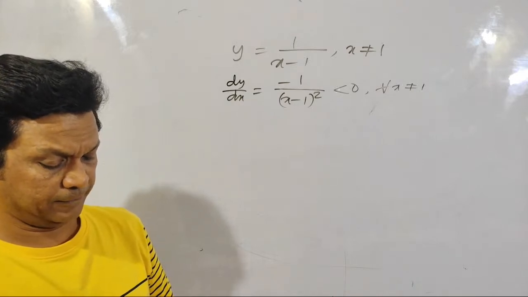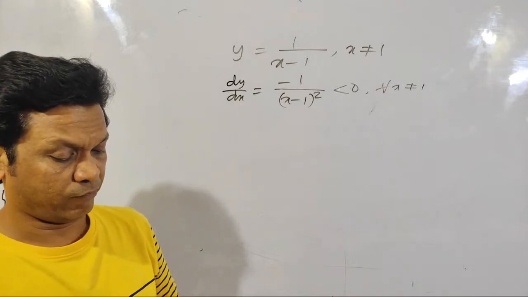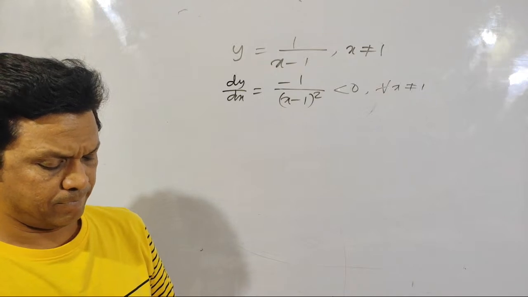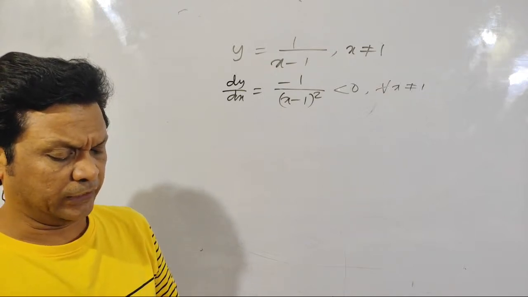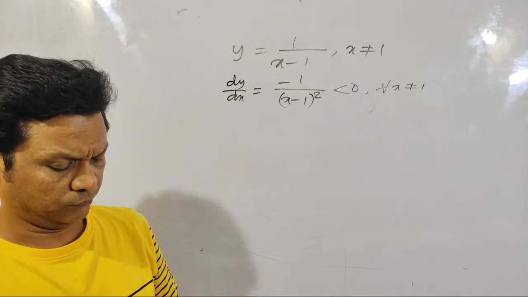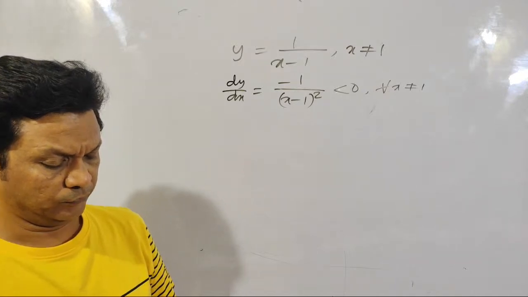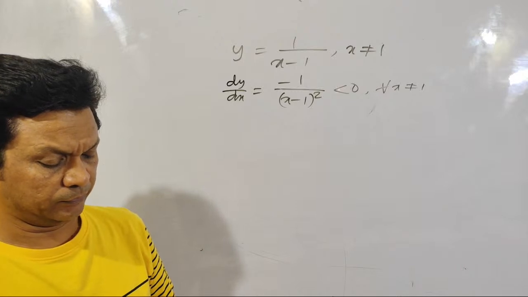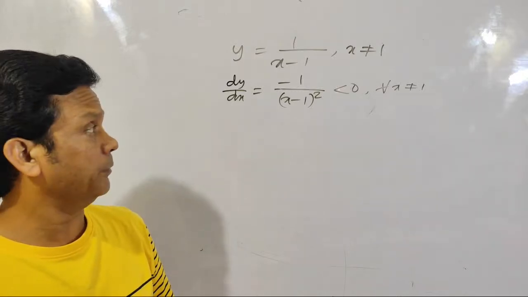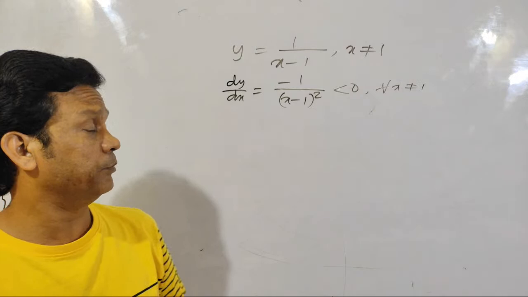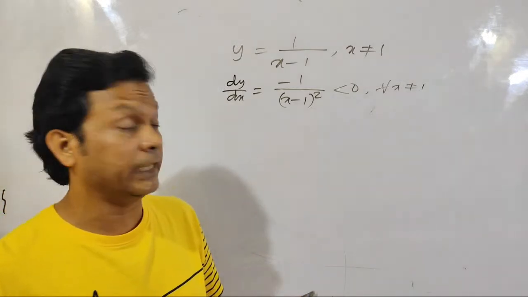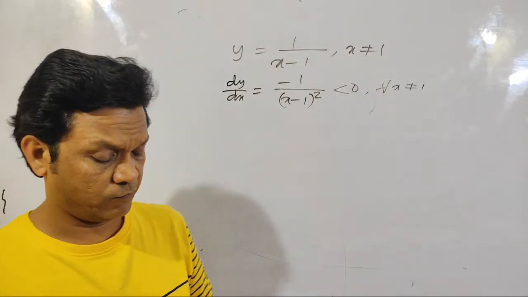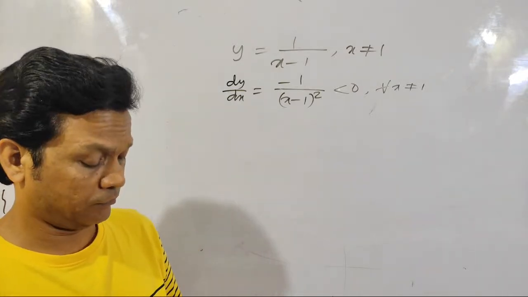Hello? Is this question clear or not? Shivsundar. Other than 1, the derivative of this function is always less than 0. That means it is always a decreasing function, except x is equal to 1.